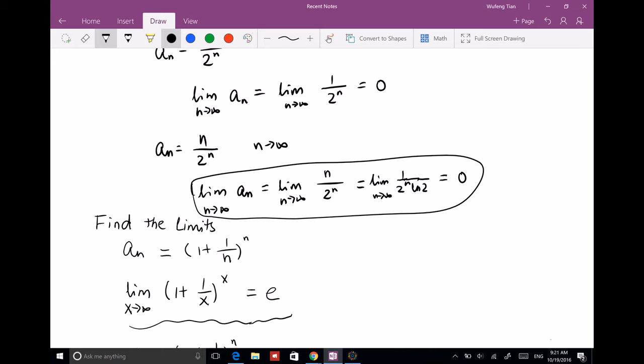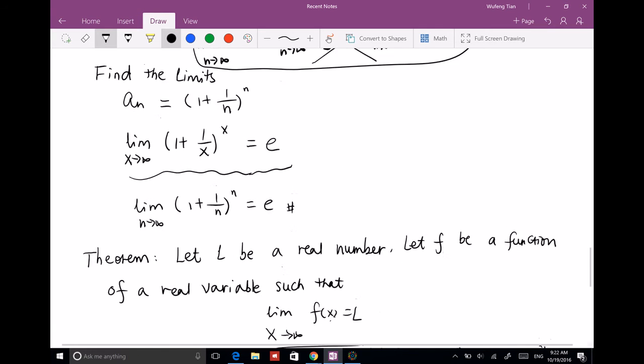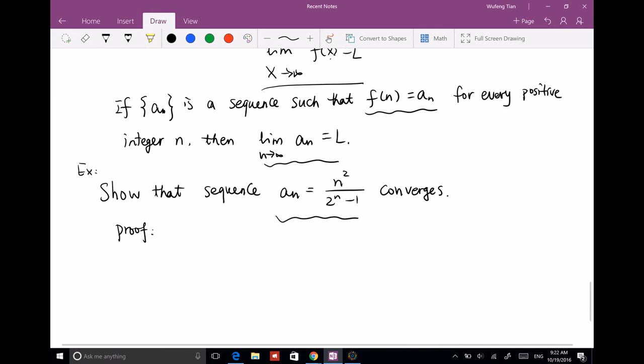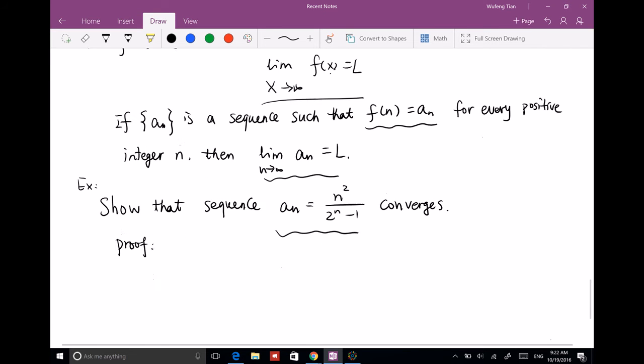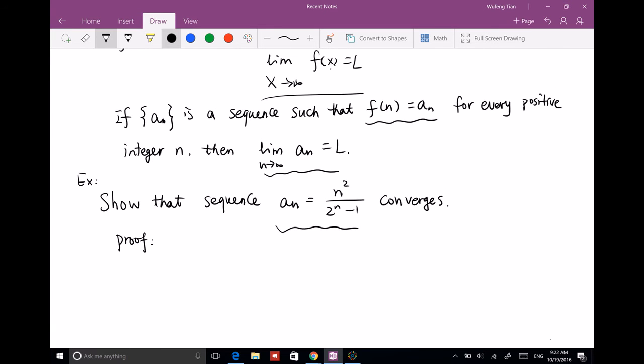This one goes to 0. You still can use this theorem to do it, but you have to change n into x first. All right, so consider a function of a variable x goes to infinity.